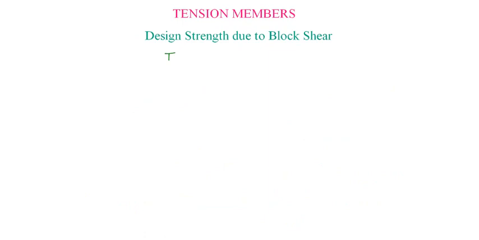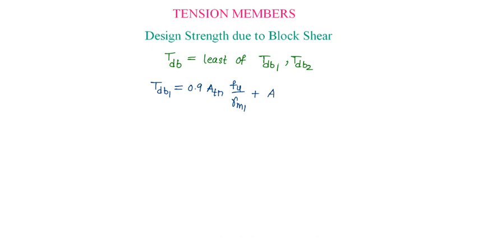So design strength due to block shear failure, that is TDB, is given as least of TDB1 and TDB2, where TDB1 is given as 0.9 times net area of tension plane into Fu by gamma m1 plus gross area of shear planes into Fy by gamma m0 into root 3.